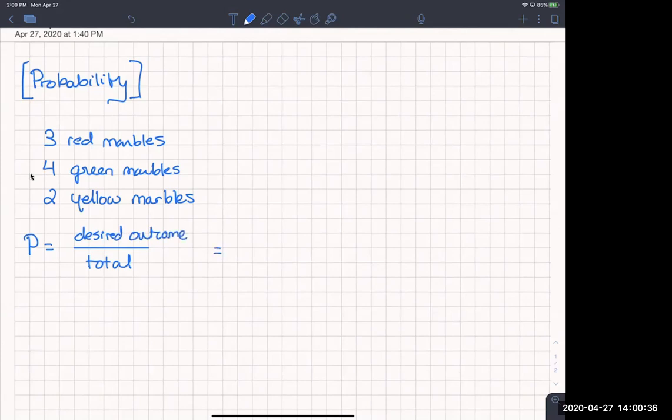So if I want to pull out a red marble, I have 3 red marbles, and the total number of marbles in the bag is 3 plus 4 plus 2, which is 9. So 3 9ths, which is 1/3, or if you convert this into a decimal, it's about 0.33 or 33%. So you have a 33% or 0.33 probability of pulling out a red marble.